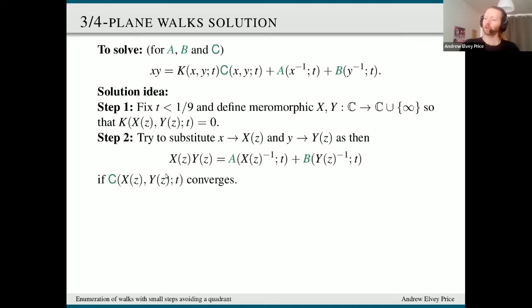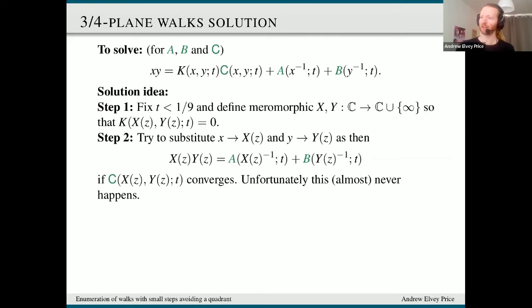But unfortunately, this only works if C converges. And in our case, C will pretty much never converge. In the quarter plane case, this is immediately what we need to do because C would converge, but in our case, only in certain cases, for certain values of z.